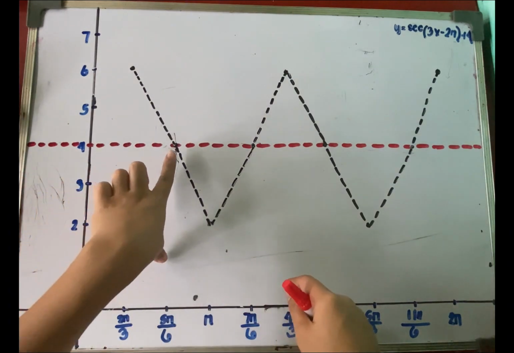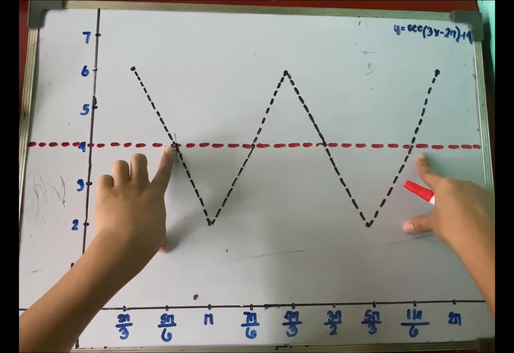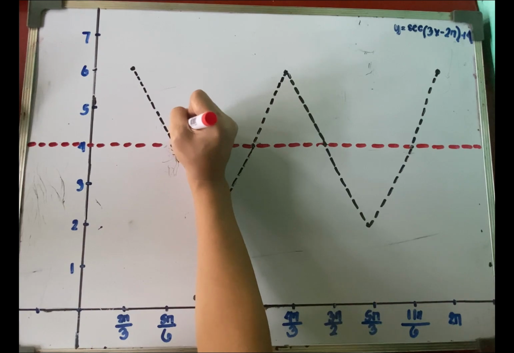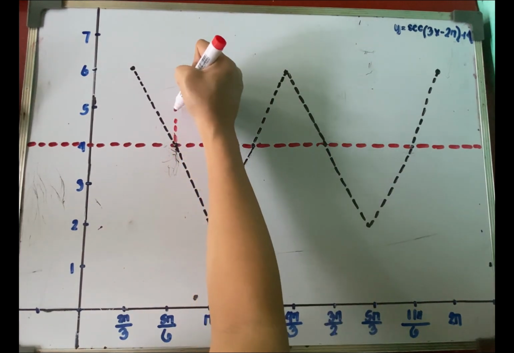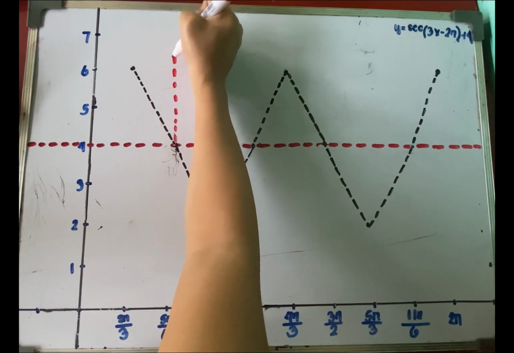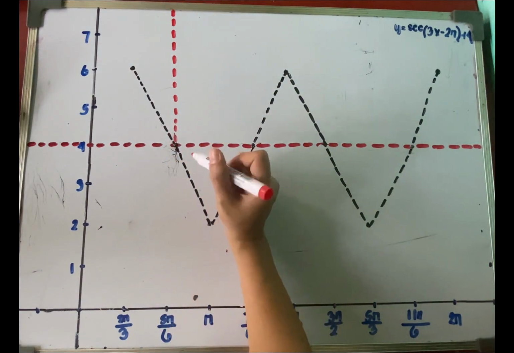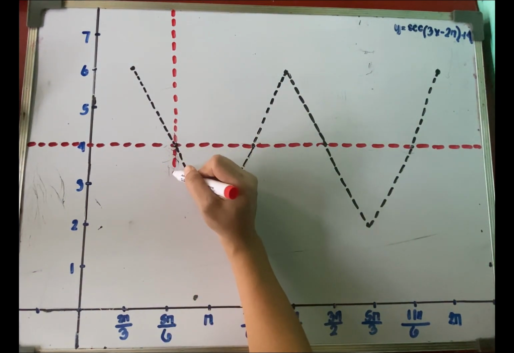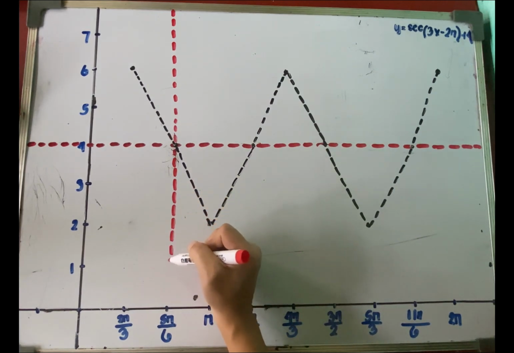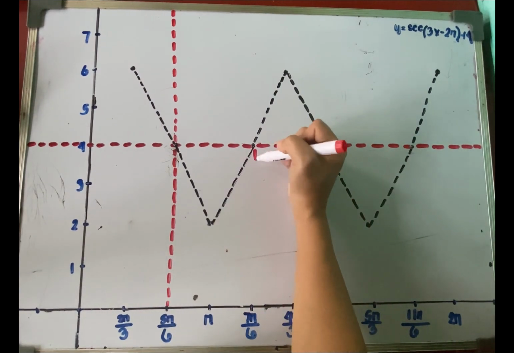So since we're done graphing our cosines, we now have to graph or mark our asymptotes, which lie at our 4, our origin. So 5 pi over 6 lies at 4, so it becomes our asymptote, as well as our next asymptote, which lies at 4, here the 7 pi over 6 as well.